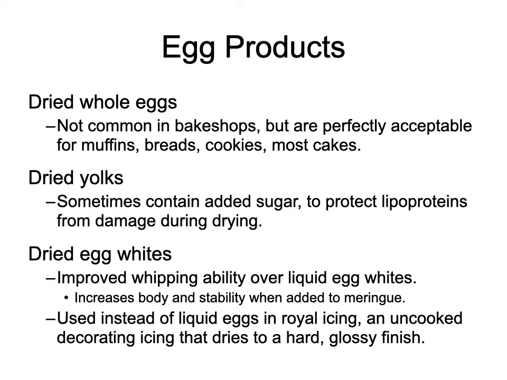Dried egg whites is what we refer to as a meringue powder, and it's oftentimes used to add stability to our egg white foams, to things like meringues. It can also be used to make royal icing, which is basically an egg-based flat icing that is used a lot in decorated cookies, but it's also traditionally used in a lot of piped items on cakes.